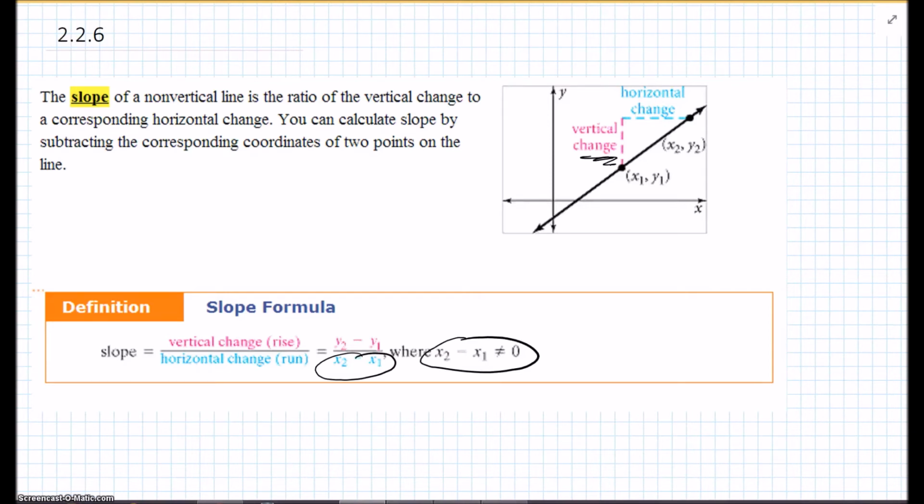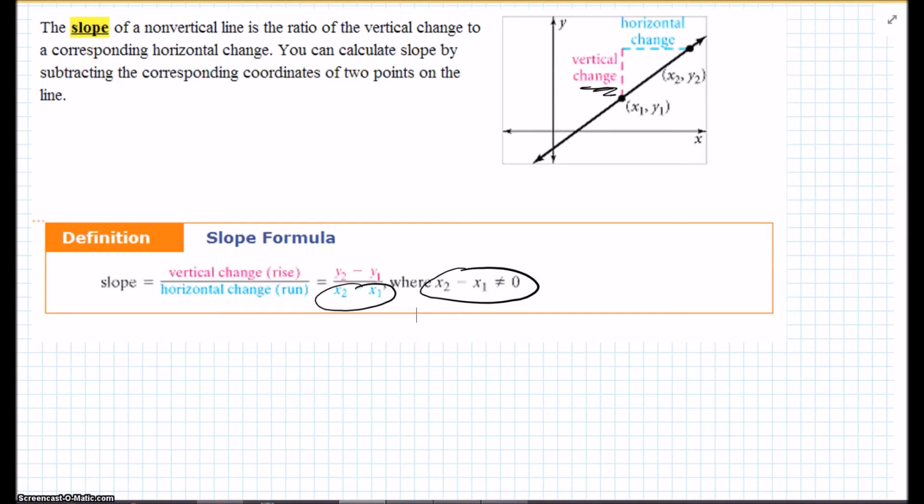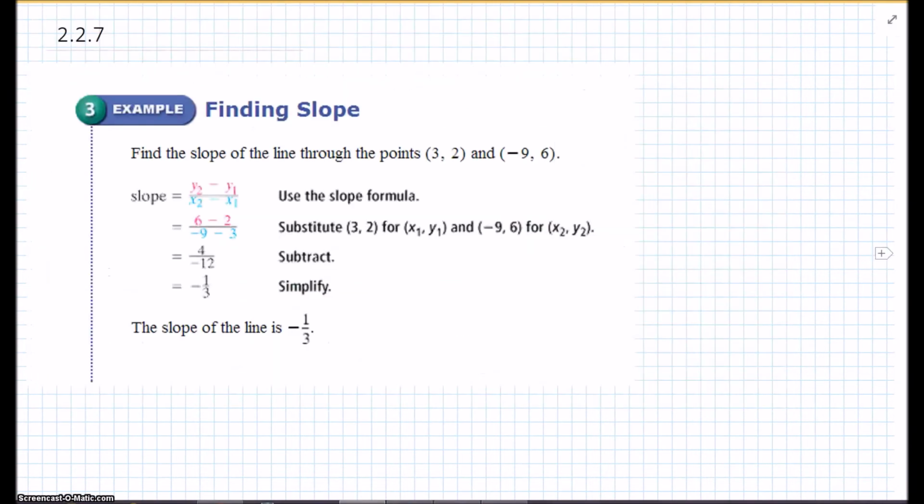Remember, our denominator can never equal 0. So one way you can think of it is rise over run. Okay, the change of y over the change of x. That's another way to look at it, using the delta symbol.